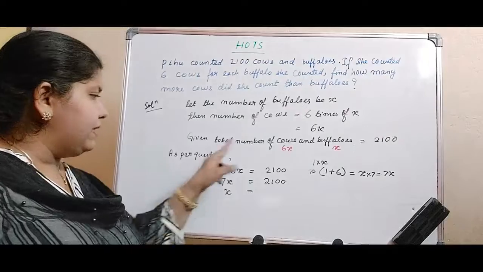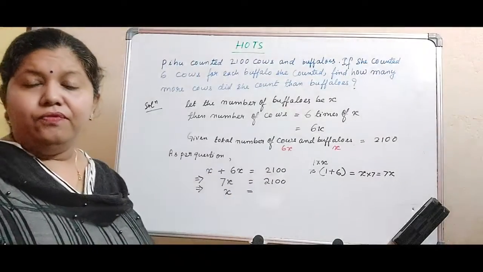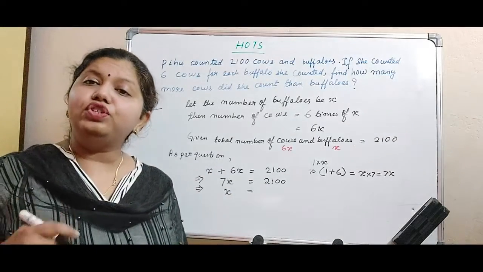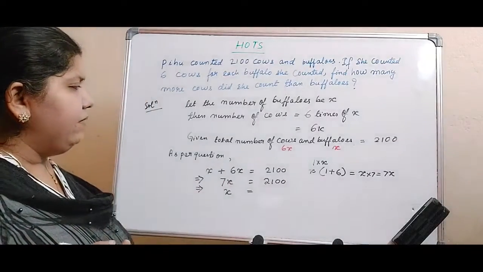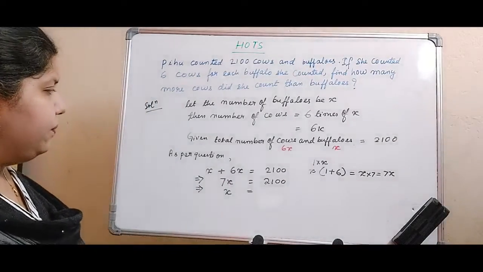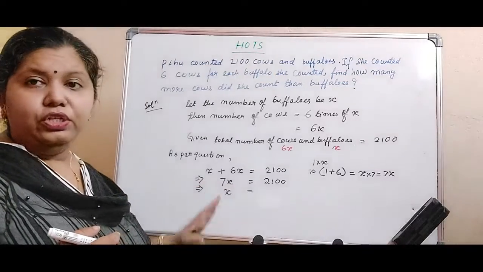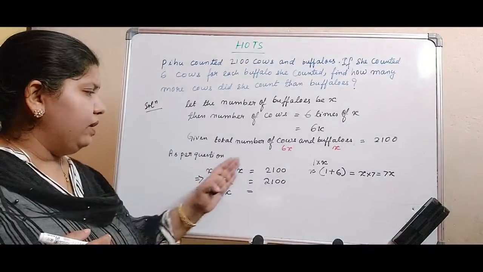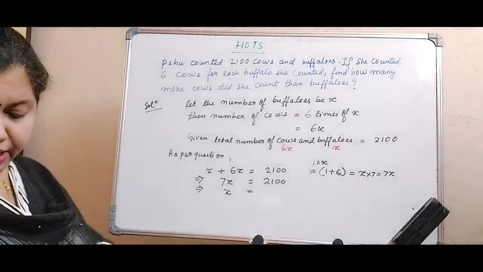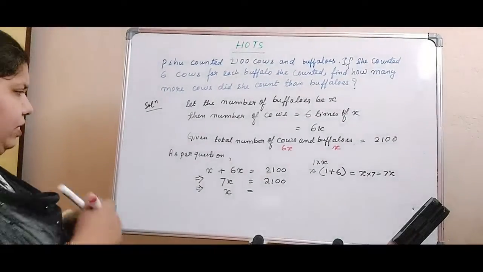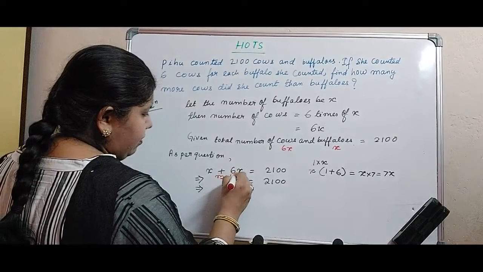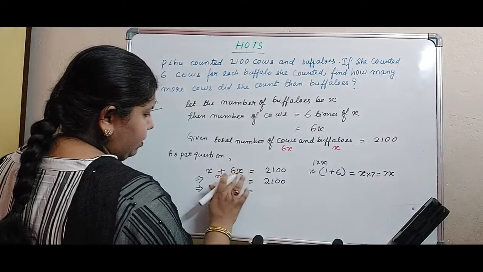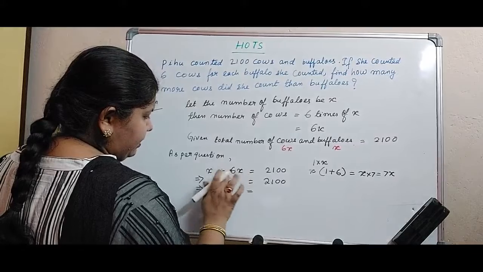We have to shift 7 to this side. For that, what do we have to do? We have to change the operation. Here 7 is multiplied with x, means it is multiplication. But when it goes to the other side, it becomes division. So if I say this is your multiplication, I give the symbol because no place is here.